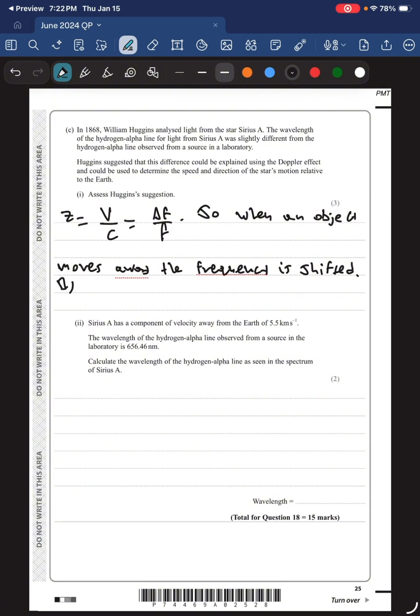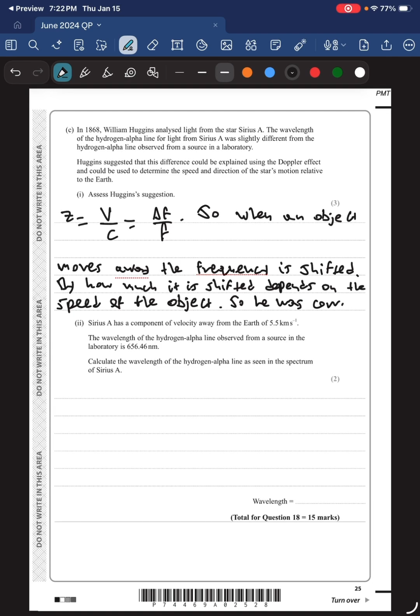By how much it is shifted depends on the speed of the object. So he was right. So he was correct.